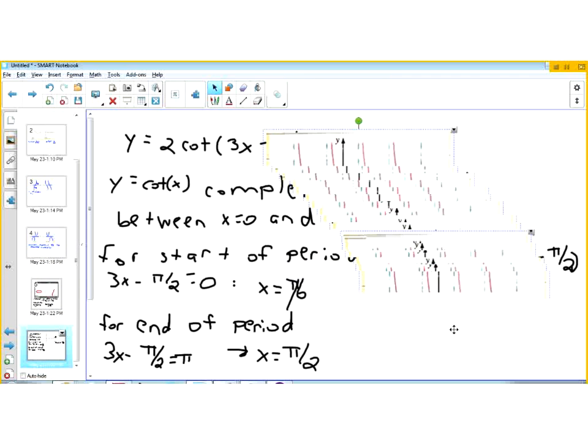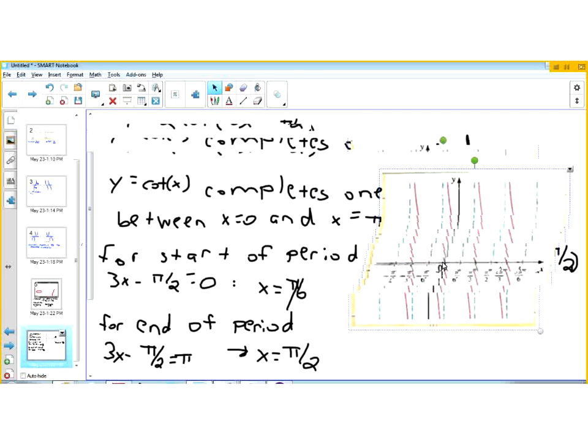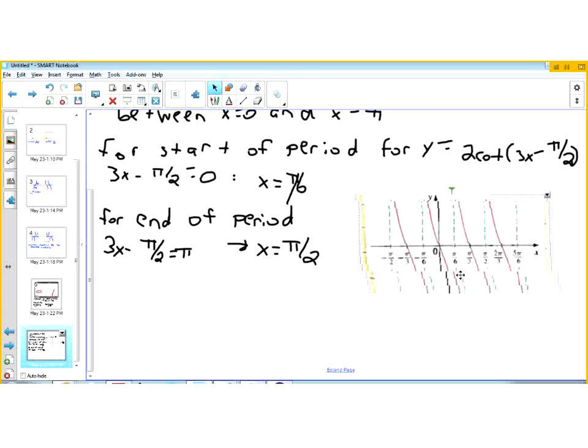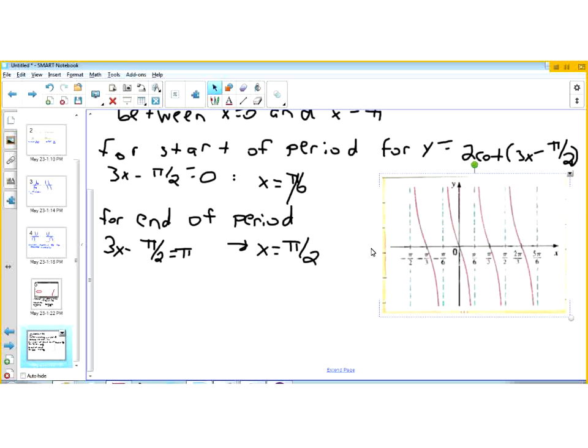So here would be the graph. Identify pi over 6. Here's pi over 6 as a vertical asymptote, and then identify pi halves.